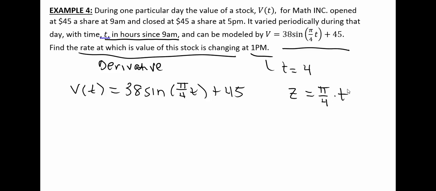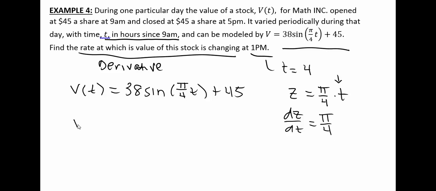So that's what's on the inside of sine. If it's anything more complicated than a single variable, we need to be using the chain rule. So that means I'm going to also need dz dt, the derivative of z with respect to t, to multiply for my shortcut. Pi over 4 is a constant. If you have a constant times t, the derivative is just that constant. So dz dt is pi over 4.